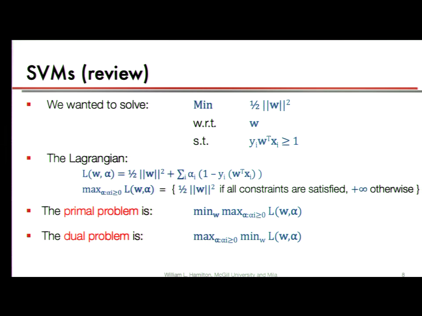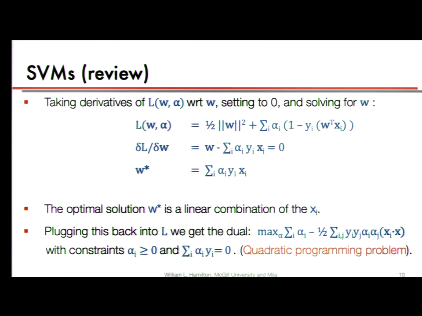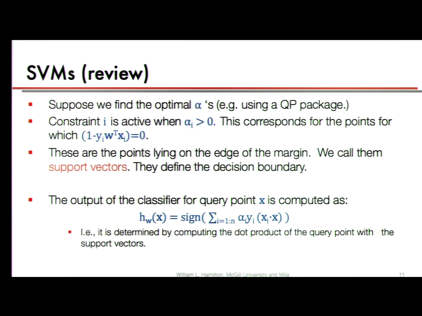And then we did this flip where we flipped the max and the min, and we were allowed to do that because of the theory of convex optimization. And we did all of this really so that we could come to this version of the solution where our decision boundary is specified as a linear combination of our input points. And that's going to be really important.